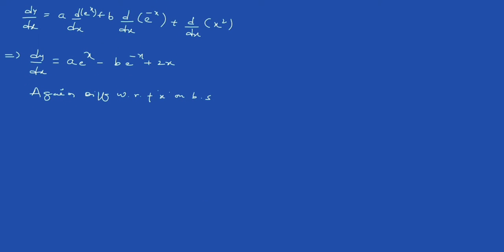Let's see what we get here. d2y upon dx square in LHS equals a e to the power of x as it is here. Again minus minus becomes plus, b into e to the power of minus x plus, and 2x becomes 2.